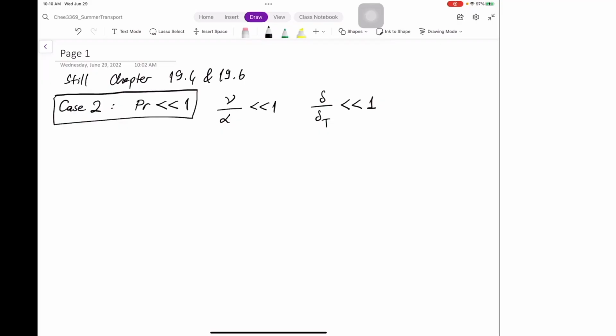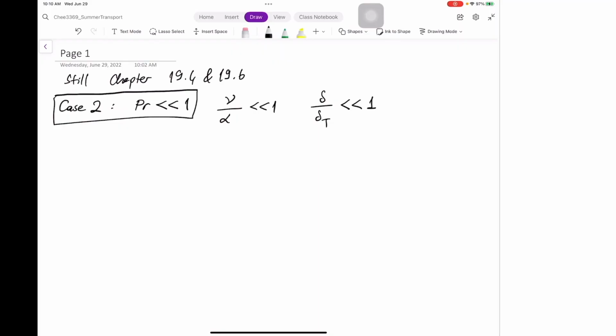We actually argued that if I have a larger nu, I should have a larger delta. Similarly, if I have a larger alpha, I should have a larger delta T, right? Remember that argument. So if nu over alpha is much, much less than 1, one would expect that delta over delta T would be much, much less than 1.